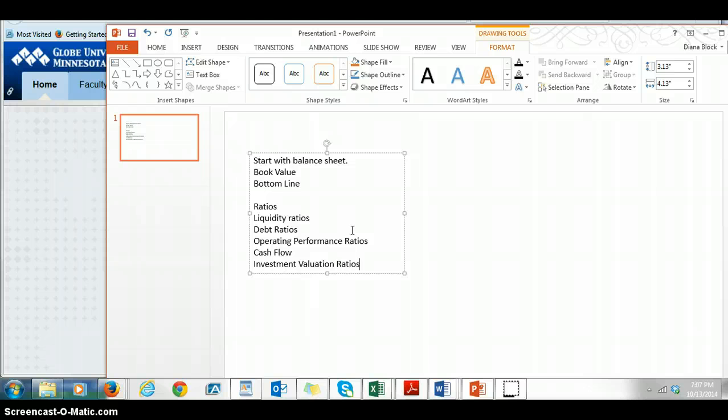And so if you look at all of these different categories of ratios, and again, there's multiple ratios inside of each of these. But if you start off with the balance sheet, the book value, and the bottom line, that will cause you to want to investigate certain things that you're going to find in each of those. You'll investigate those by determining which ratios you want to do further analysis on, which ratios you want to calculate.